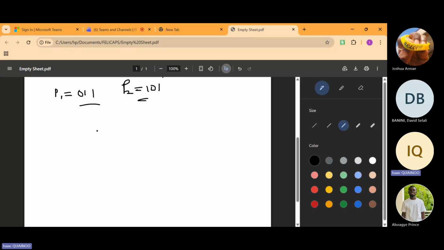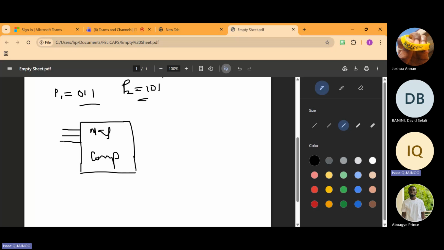To draw the block diagram for this particular set of inputs, we can have our comparator right here. This is how our comparator looks. We have a magnitude comparator, and we know our inputs are 3 bits each.